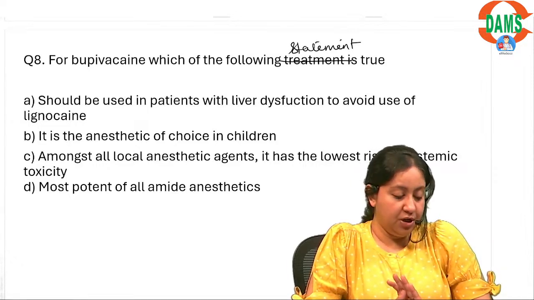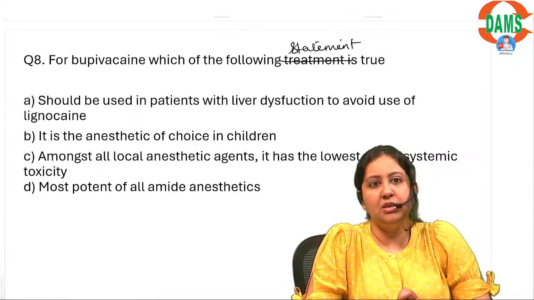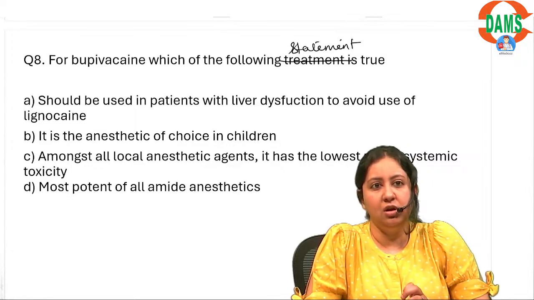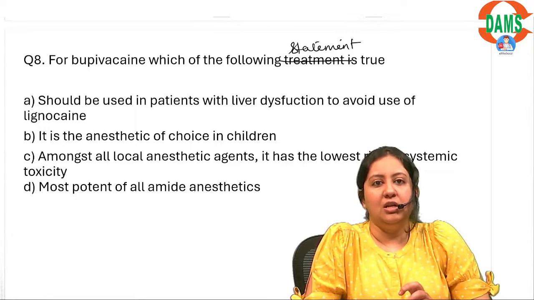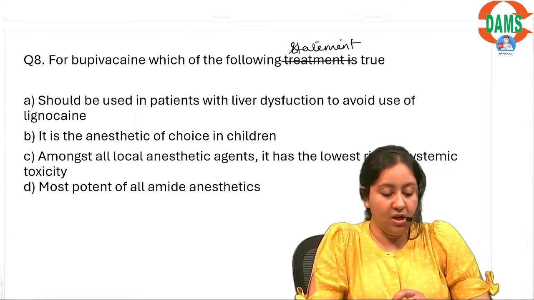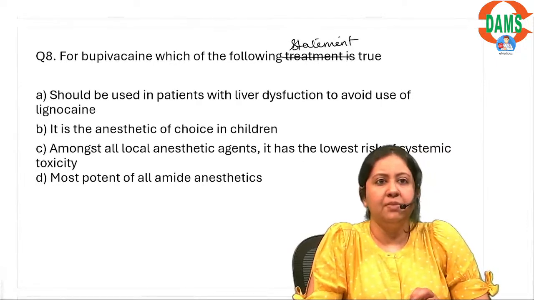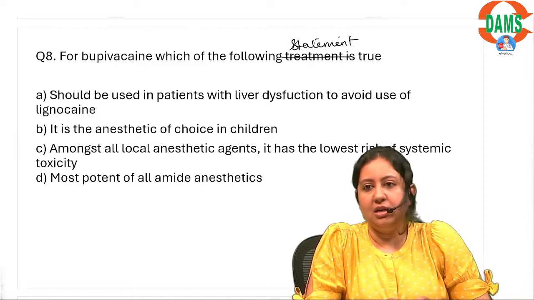Option A, should be used in patients with liver dysfunction to avoid use of lignocaine. Option B, it is the anesthetic of choice in children. Option C, amongst all local anesthetic agents, it has the lowest risk of systemic toxicity. And D, it is most potent of all amide anesthetics.